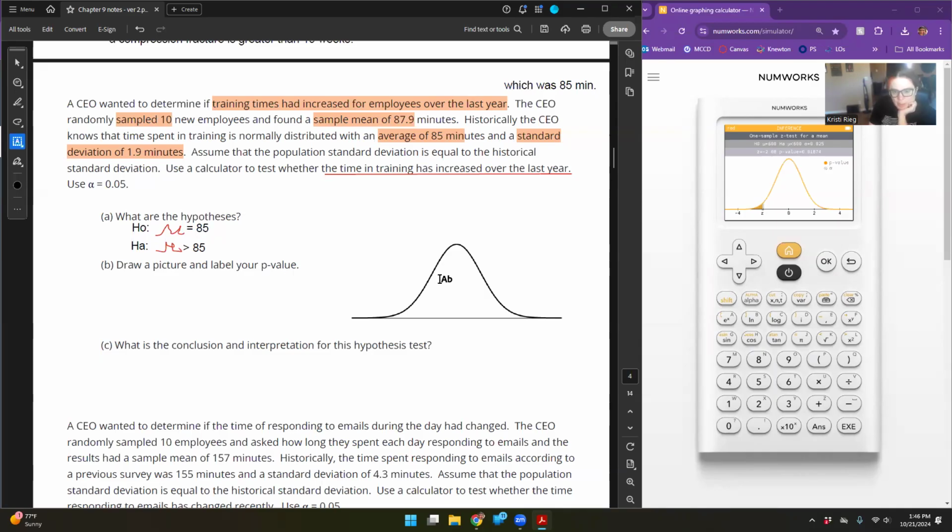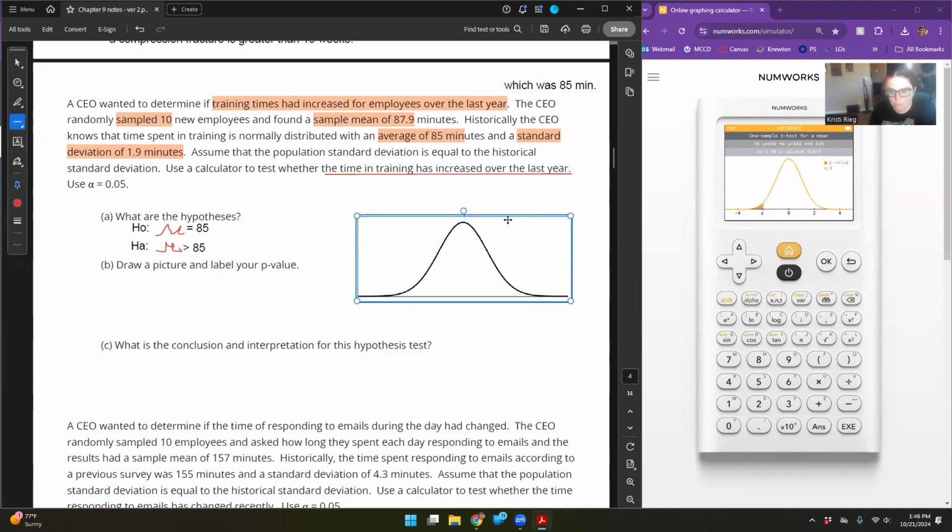Draw a picture and label your p-value. Okay, so for starters, I am going to draw what I already know, and then we'll do the new stuff. So I know that this is a right-tailed test because it's greater than. This is going to do this to me every time. Right-tailed test, perfect.